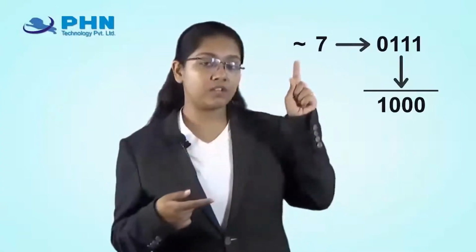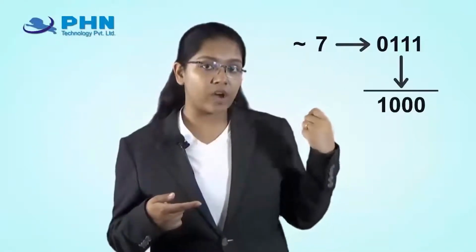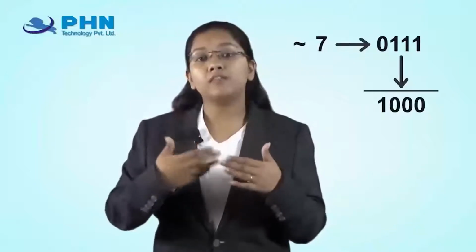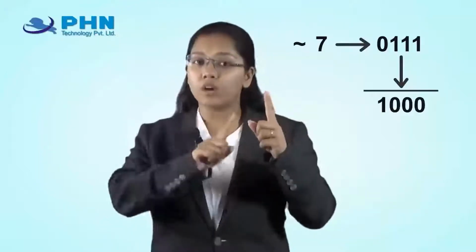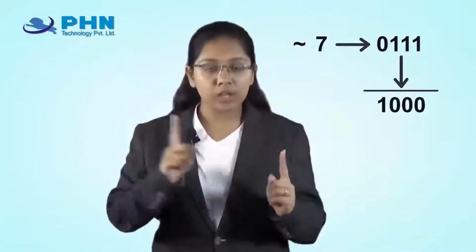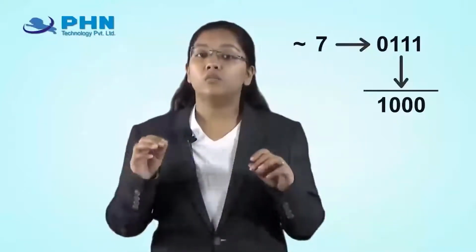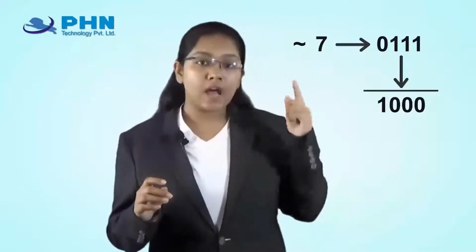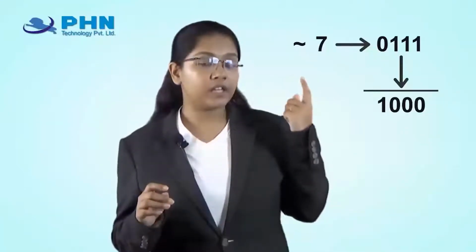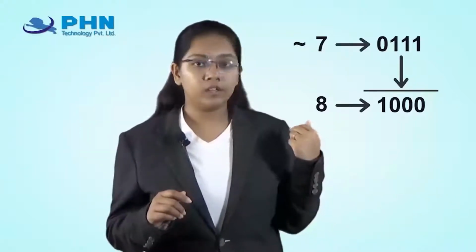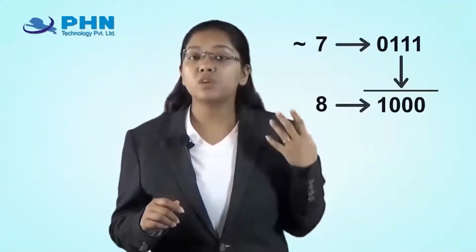That is, wherever there was 0, it has given me 1, and wherever 1, it has given 0. So what it does? It converts the binary values. That is, if it is 0, it converts it to 1, and if it is 1, then it converts it to 0. This is the work of NOT. And now for 7, if I get the negation of 7, I am getting 8 in binary value over here. Right? So this was my NOT.